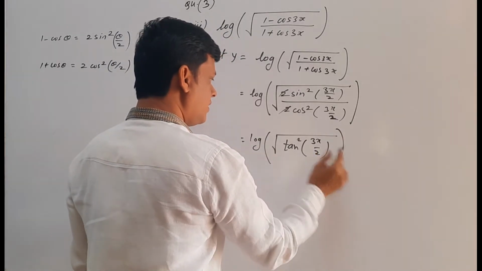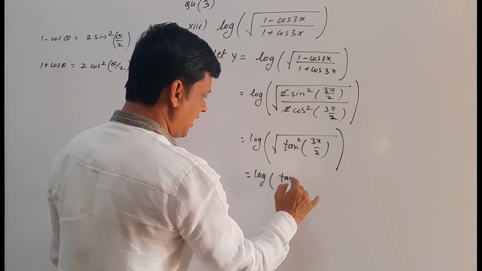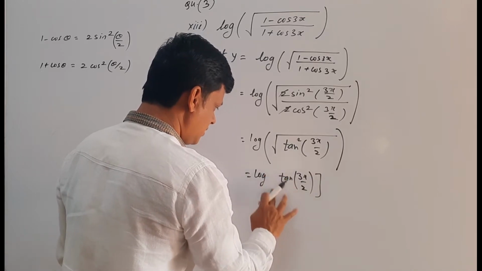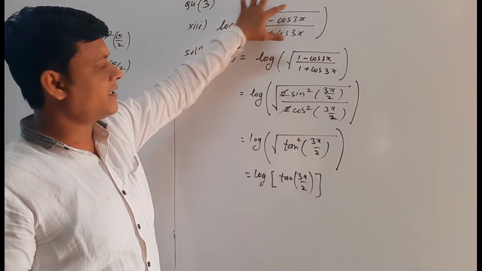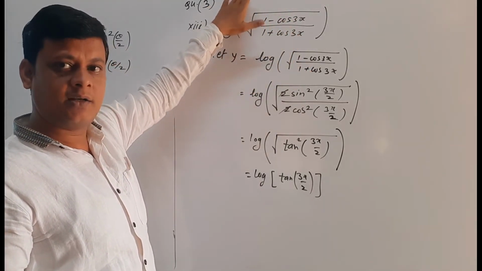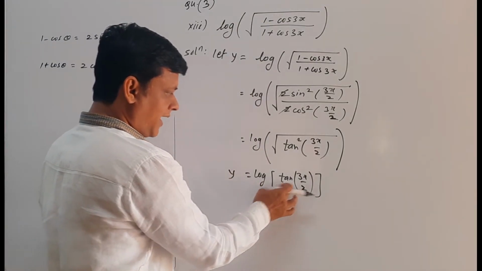Then again square and square root get cancelled. We get log of tan 3x by 2. That means instead of differentiating this log of 1 minus cos 3x upon 1 plus cos 3x, first we simplify it, then we find the derivative of log of tan 3x by 2.